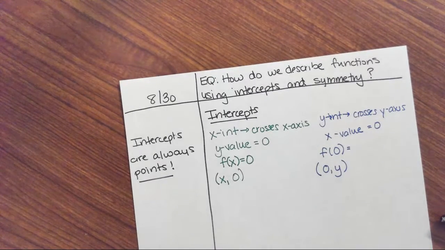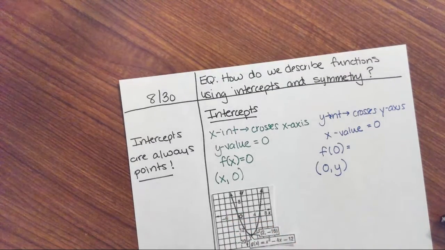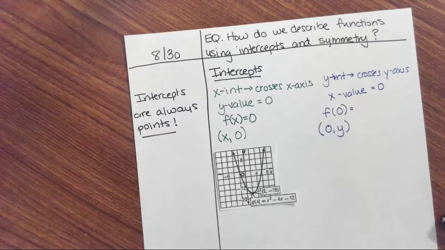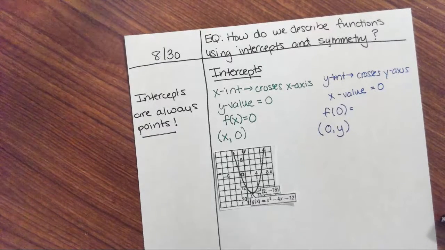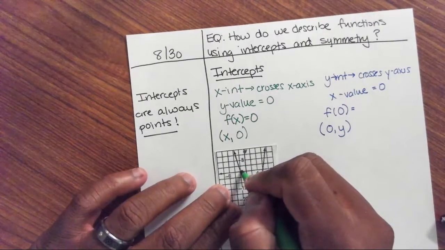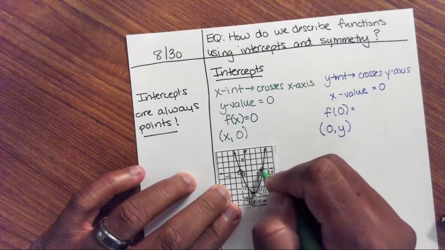Now, let's look at this graph first. From the graph, it's easy to see the X-intercepts, right? We're looking for where it crosses the X-axis. Where does this graph cross the X-axis? Well, it crosses it here and here.